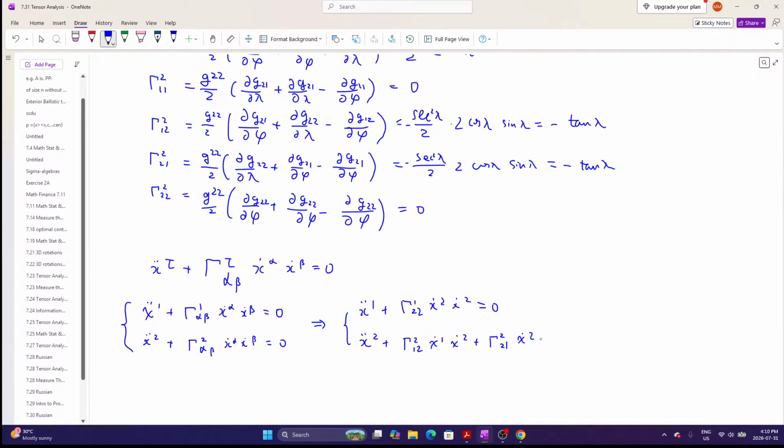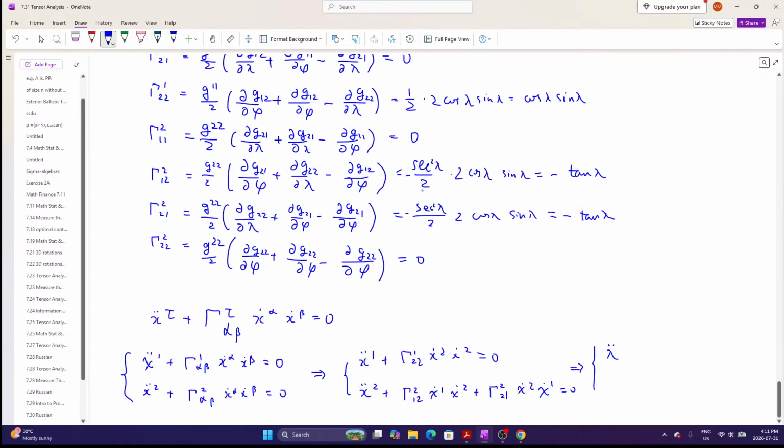Convert this back to the notation of the original coordinates. And this is the same as lambda double dot plus, here, what's that?